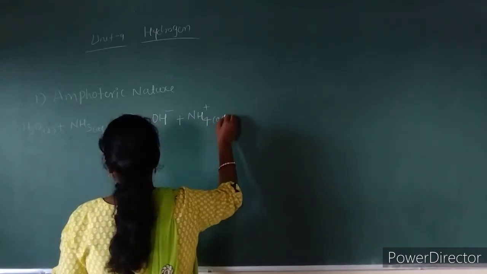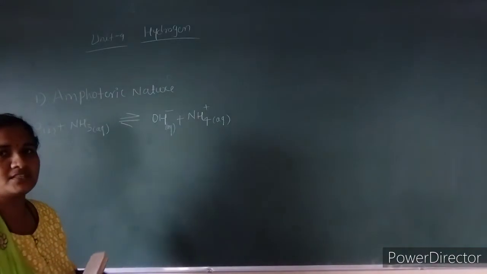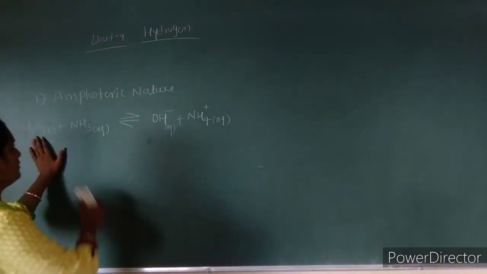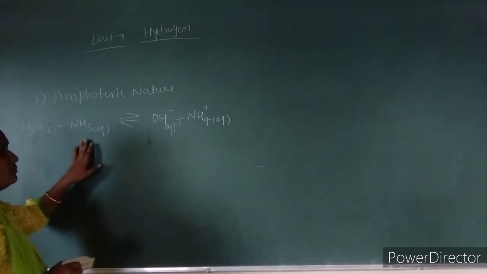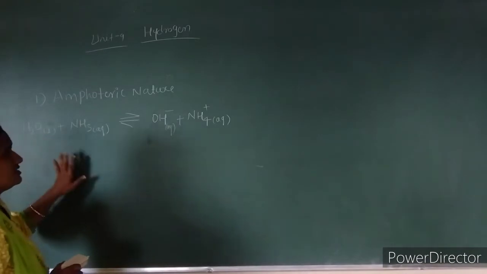A Bronsted acid is an acid which has the capacity to donate a proton. Here the water molecule will donate one proton to the ammonia molecule. As a result, it behaves as the Bronsted acid here.